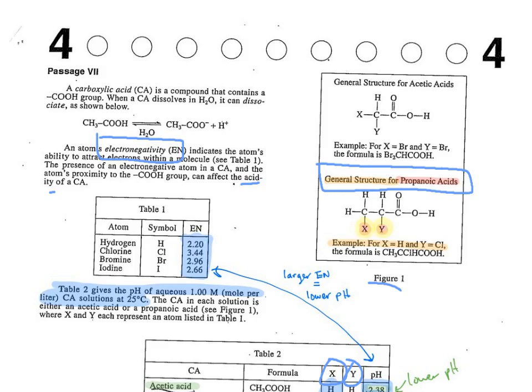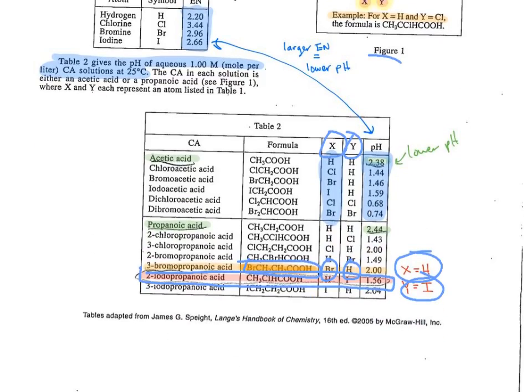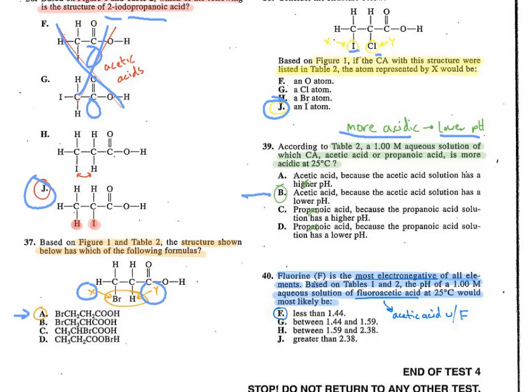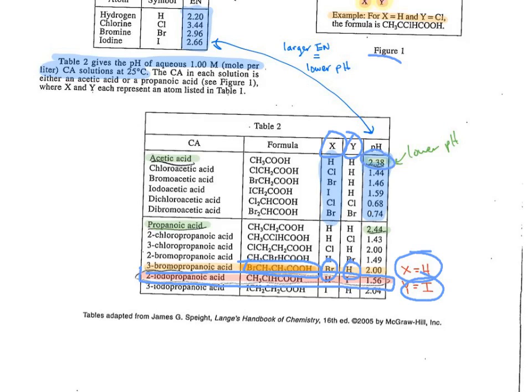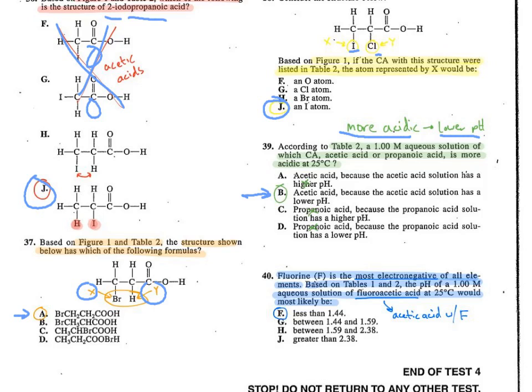So if you look at Table 2, the lower pH out of the two is acetic acid. Acetic acid has a pH of 2.38 and propanoic acid 2.44. Acetic acid has a lower pH, so it is more acidic.